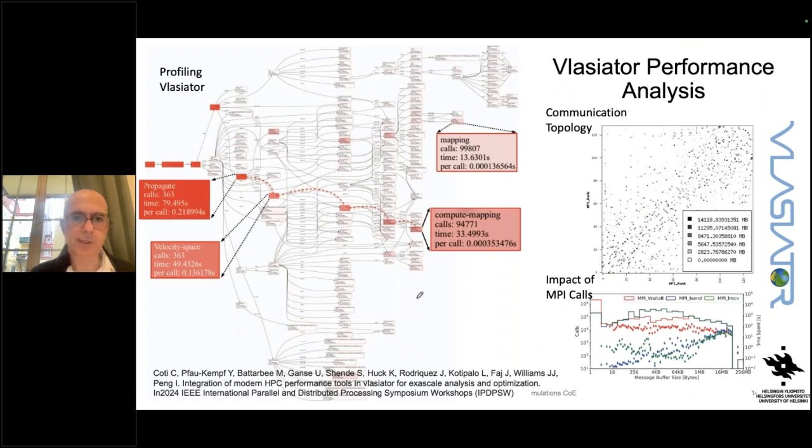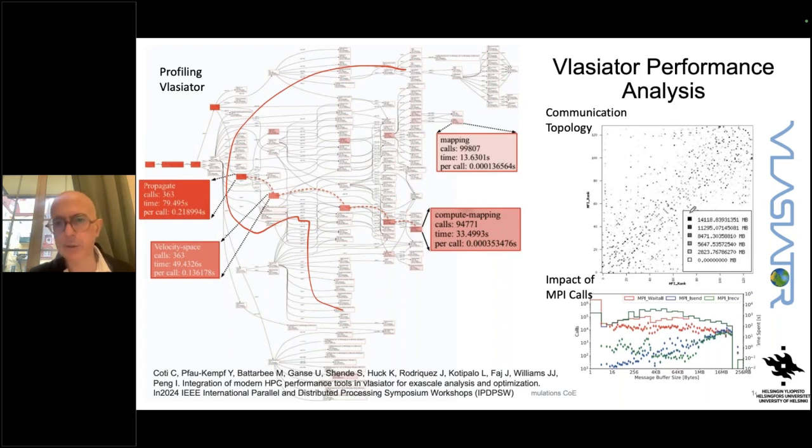Together with this exciting project, the very first step was to produce an analysis. You see a quite detailed analysis of the Vlasiator code, giving also an idea of the complexity of the code. We try to understand where potential bottlenecks are in the code and try to optimize. So here is an analysis of communication topology.